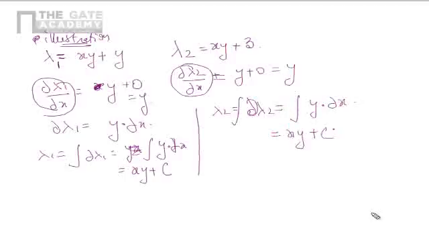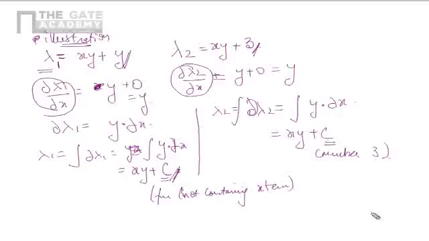Now pay attention, look at lambda here. Lambda 1 is xy plus y. Since I partially differentiated lambda, I don't know whether this constant is really a constant like 3 or a term which is not containing x like y. So we don't know. See, this constant and this constant are not the same. This constant is a number, that is 3, whereas this constant is a function not containing x term.